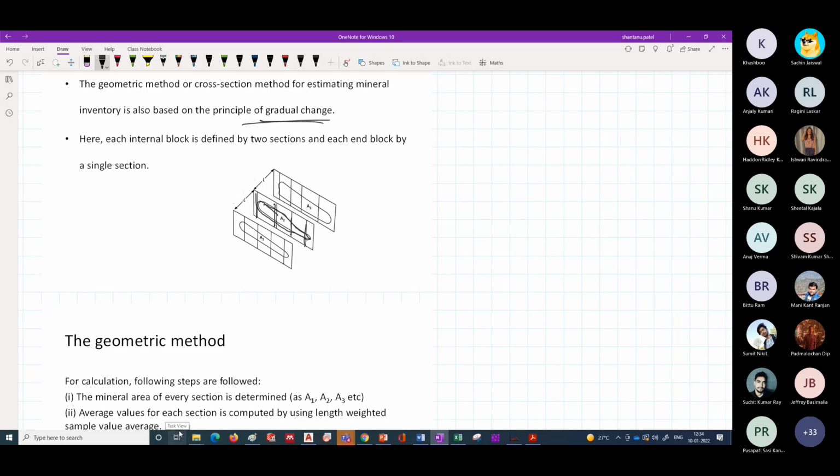How do you get this area, anybody? Because these are the boreholes, right? We might have estimated that area from the borehole distributions.